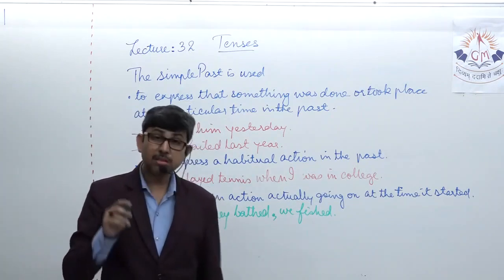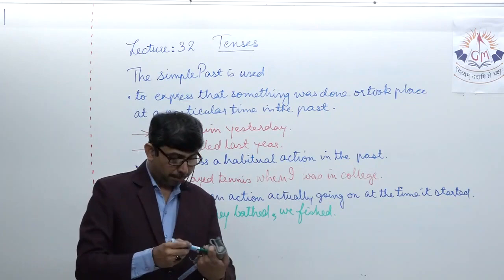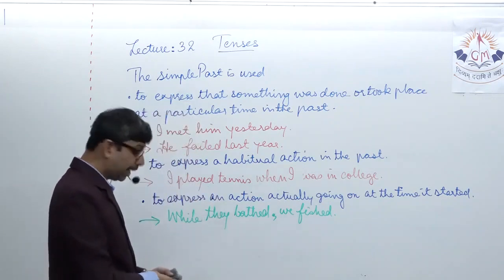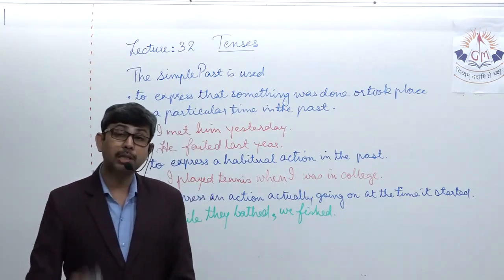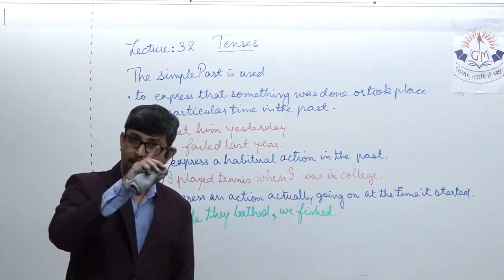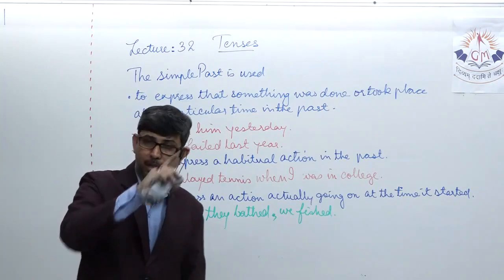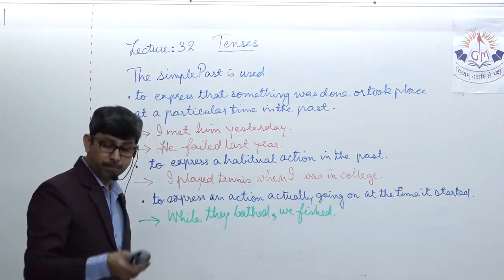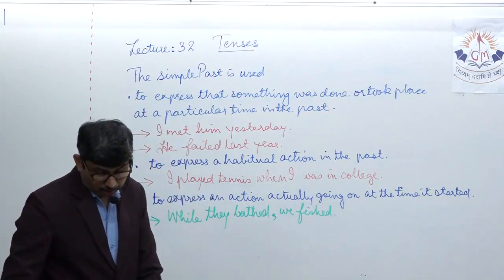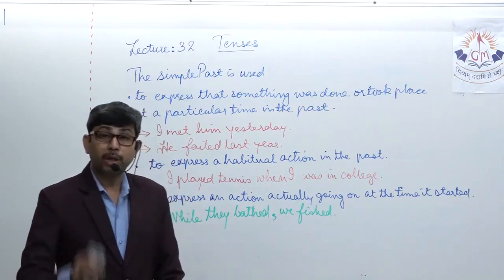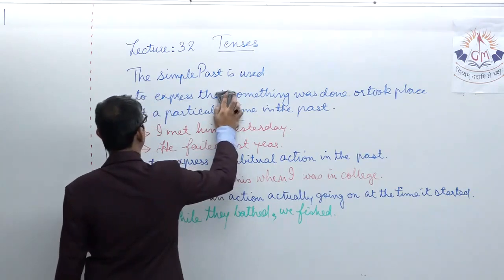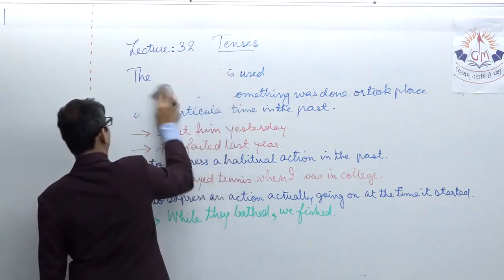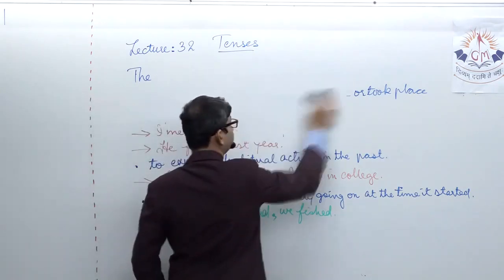That is the past continuous. Past continuous expresses an idea or tells us that an action was going on in the past time. It started in the past and it was going on at the past time. Clear? We don't mean to say it is going on. It was going on in the past time. So let's see the past continuous tense with necessary examples.